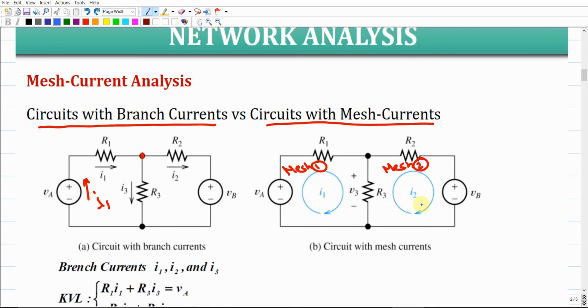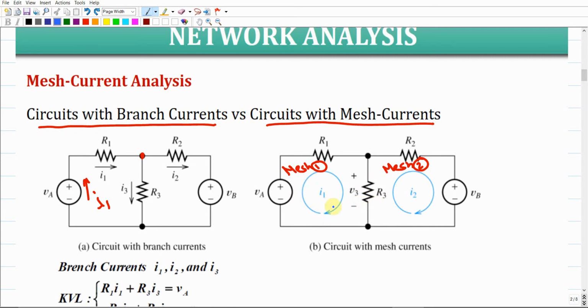This is one loop and another loop, one mesh and another mesh, but there is no mesh in this way. So that's why we have different names here. We are using different names because we cannot define a mesh over the circuit and skip this branch as we used to do for the loop, for the Kirchhoff current law, voltage law. So that's why we are going to define I1, mesh 1, and we have for this case only two meshes, mesh 1 and mesh 2.